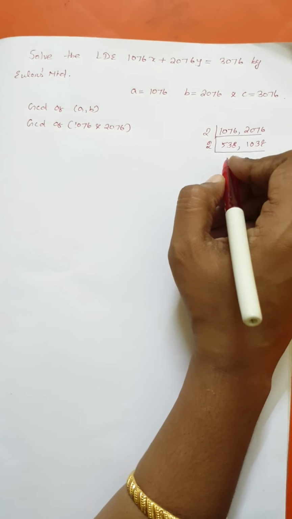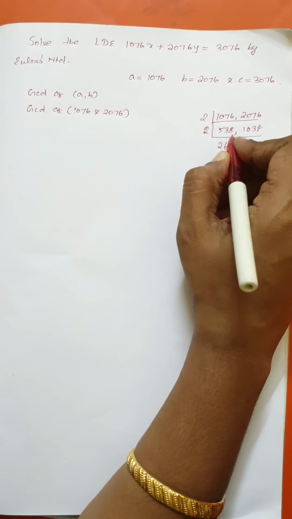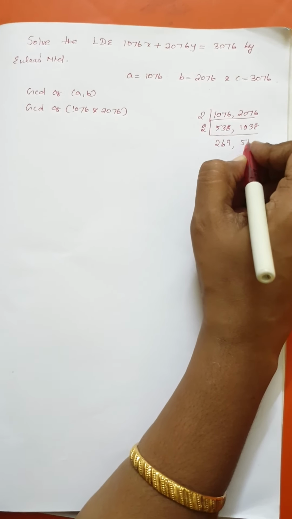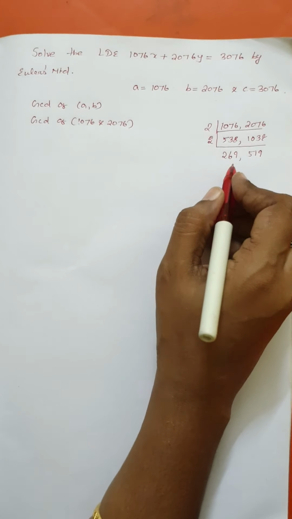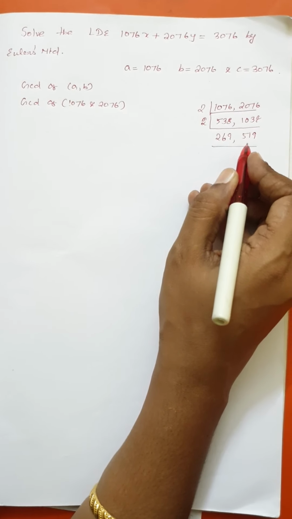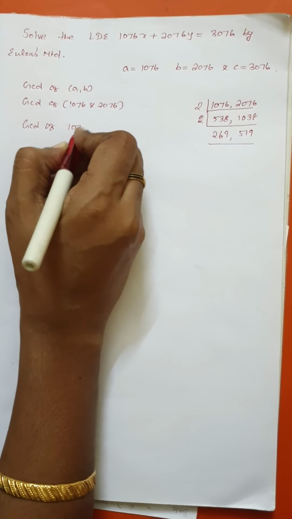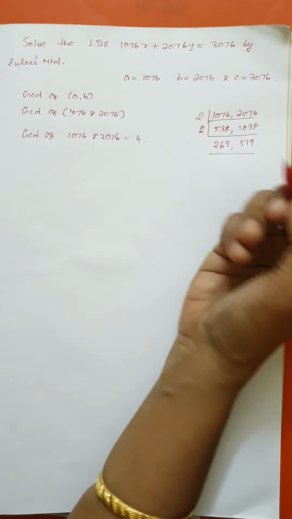When we divide both the numbers by 2, we get 2 2s are 4, 6 2s are 12, 9 2s are 18, and then 5 2s are 10, 1 2s are 2, 9 2s are 18. So there is no common divisor for 269 and 519. So the GCD value of 1076 and 2076 is equal to 2 into 2, 4.